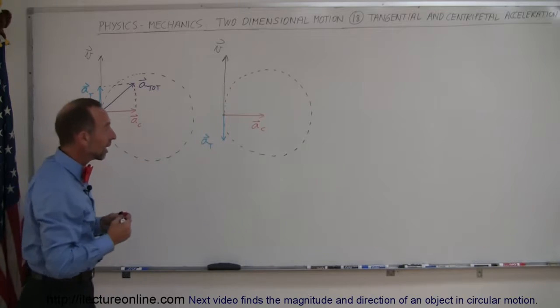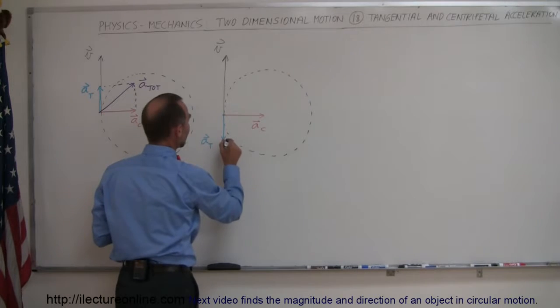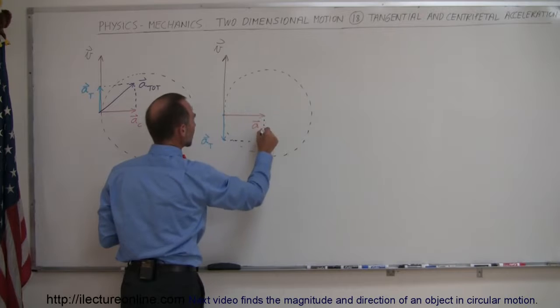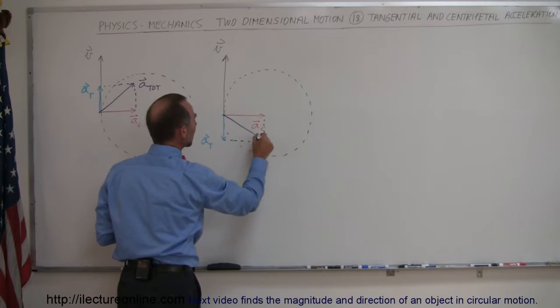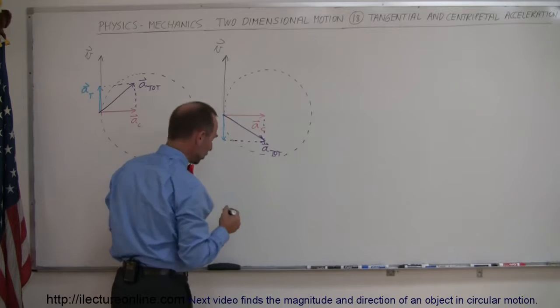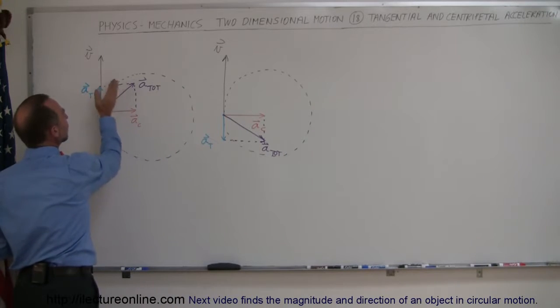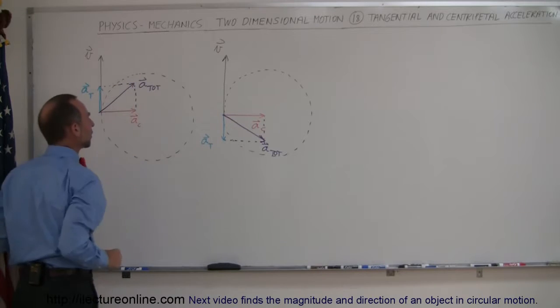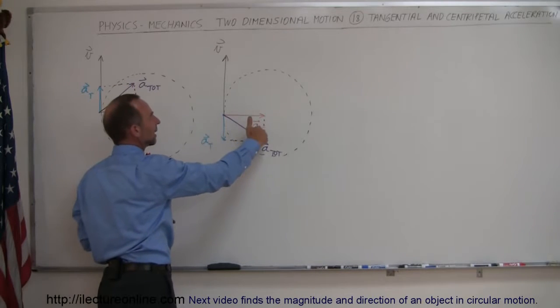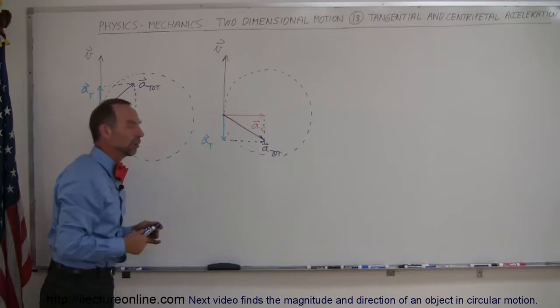And then here, in this case, you can see that if you add these two vectors up, then this would be the a total of this situation. Notice that in this case, the acceleration leads the centripetal acceleration, and here you can see that a total kind of lags the centripetal acceleration.